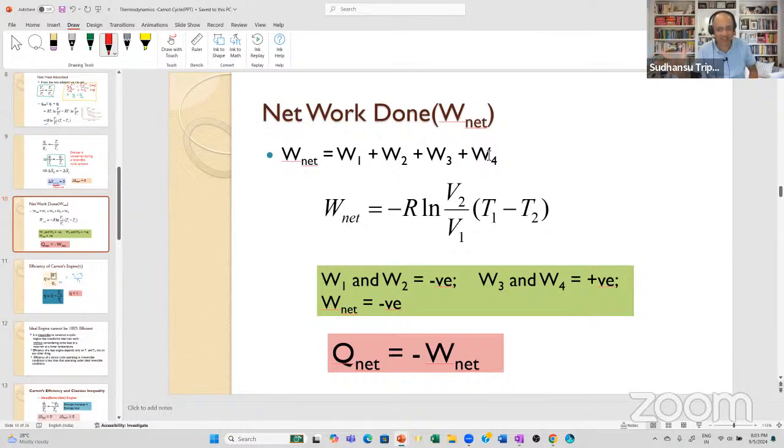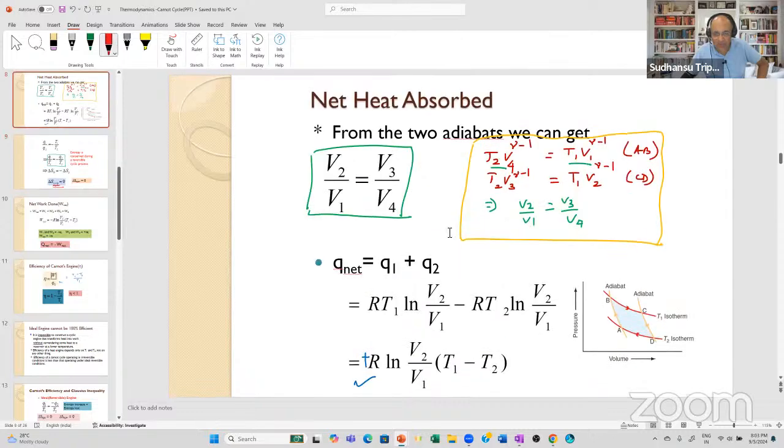So it will cancel exactly: the adiabatic work done during expansion is positive, and the adiabatic compression is exactly the same numerical value but negative. So they cancel out, and only the isothermal part is left. And if you add them, you already know the work done.